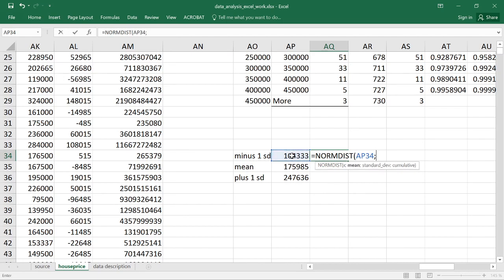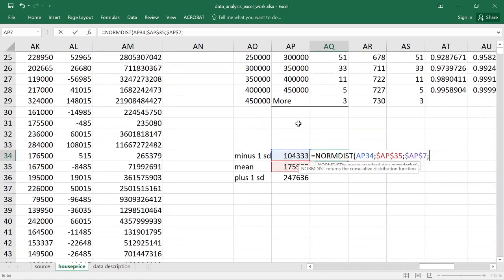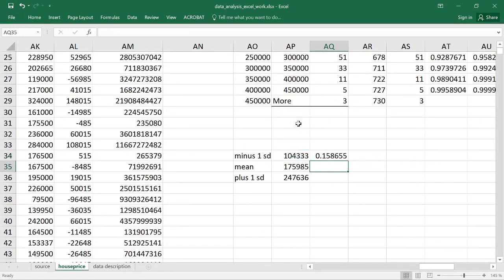And now let's see where that comes from. So we need that value, and we need the mean, and we need the standard deviation, cumulative, and we see that below the value which is given by the mean minus one standard deviation is about 16%.